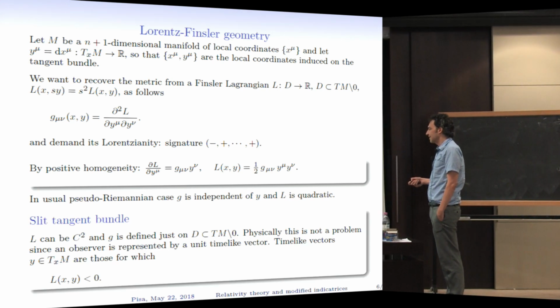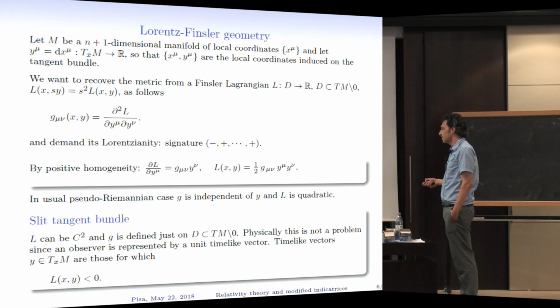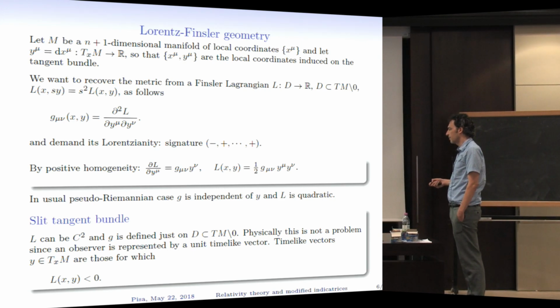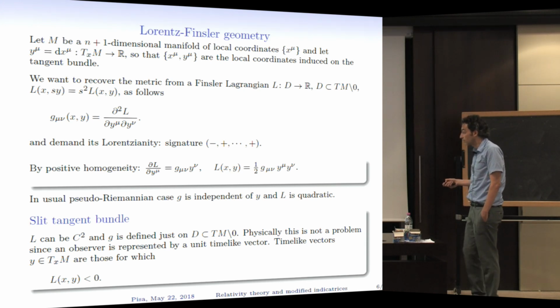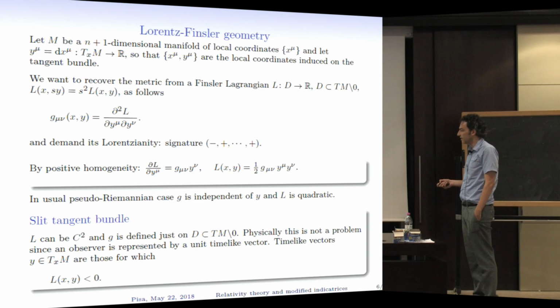But as we said, L can be defined in some models just on a subbundle of the slit tangent bundle. Physically, this is not a problem as far as this subset contains what can be recognized as the set of observers, the set of time-like vectors, which we identify with the locus where this function L is negative.